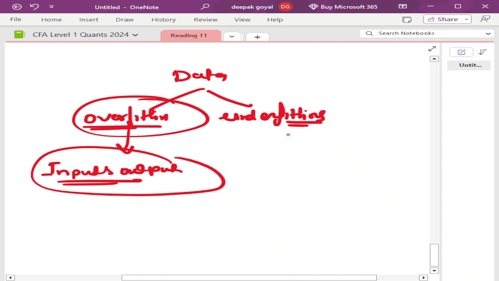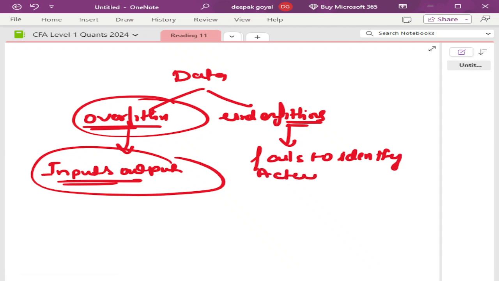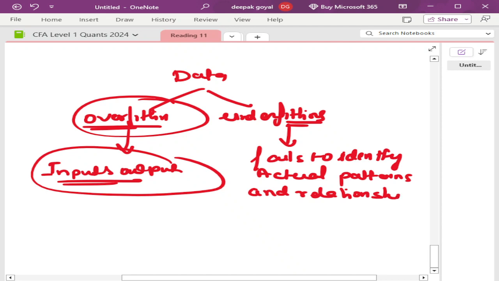And in case of underfitting, your machine fails to identify the actual patterns and relationships.